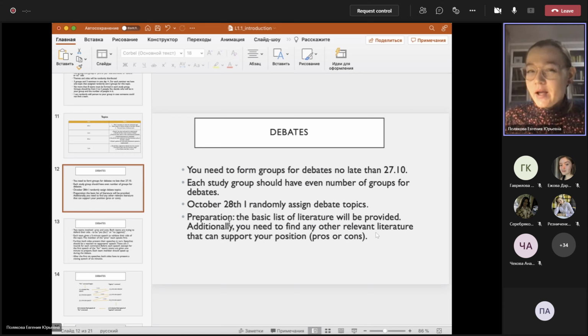Let's make columns for the time of the seminar, the date of the seminar, and the topic. But we have the screenshot of your timetable, which you have shown to us. So now we know the number of our group.